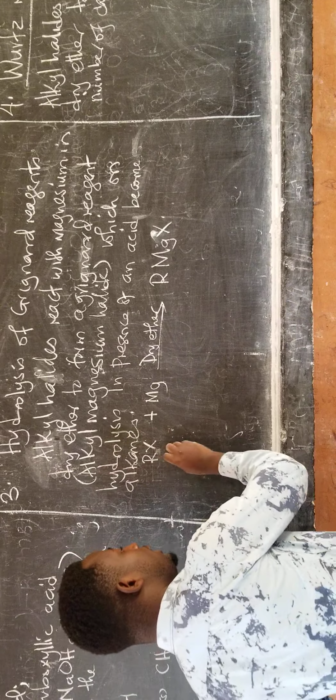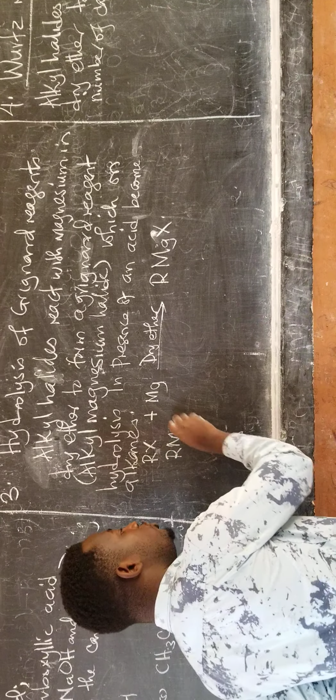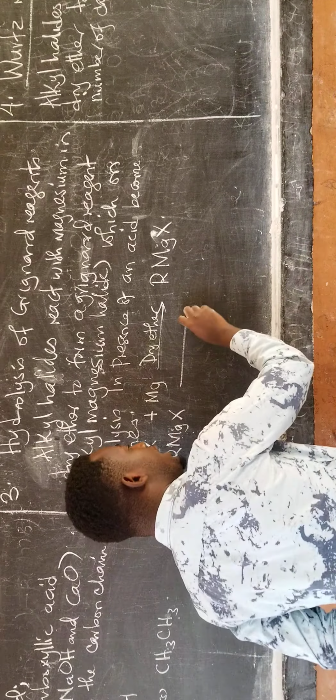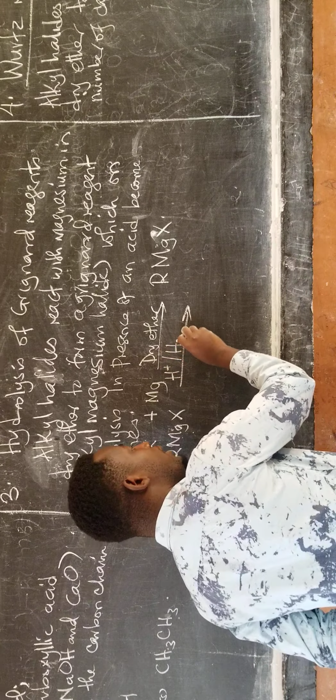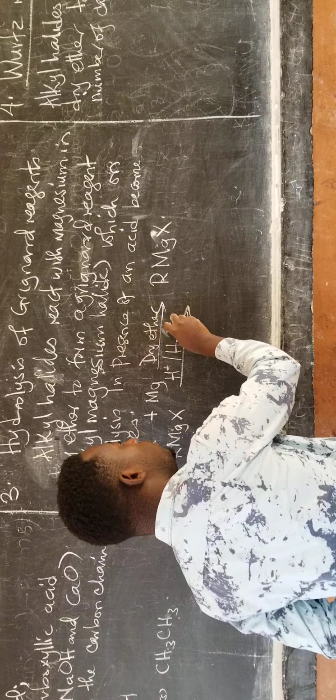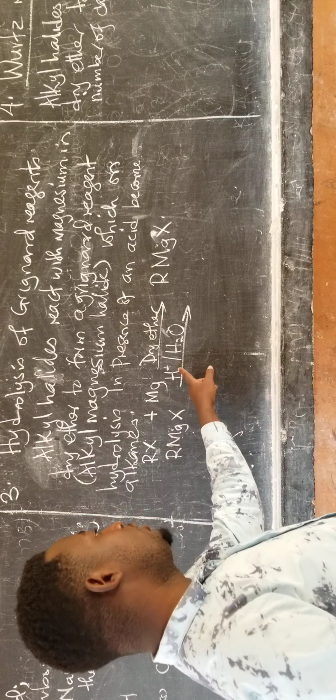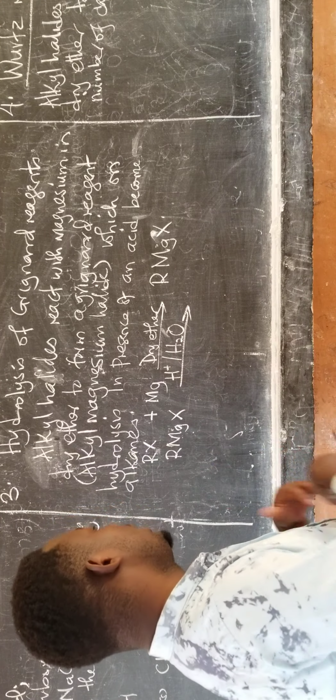In that case, we are saying RMgX, and now we are adding water, but the water must be acidified. That's why I'm adding H plus to mean acid.